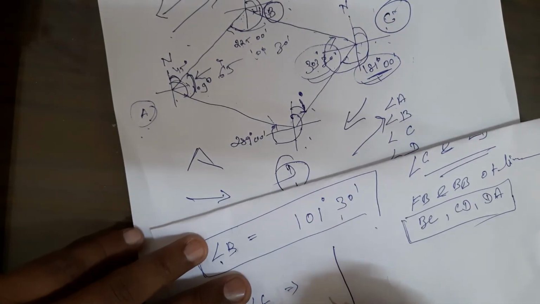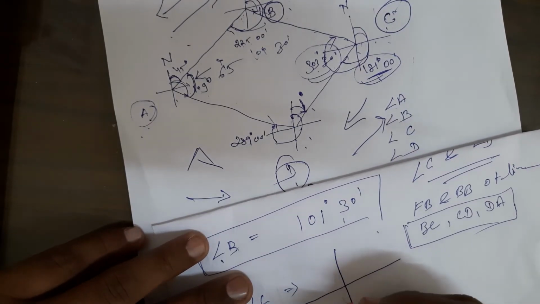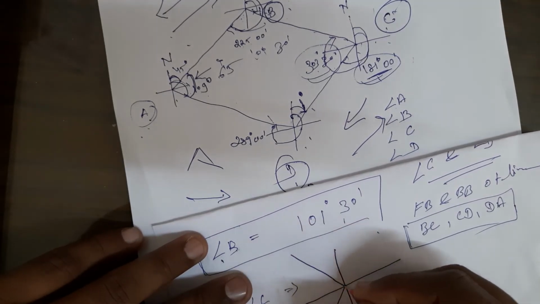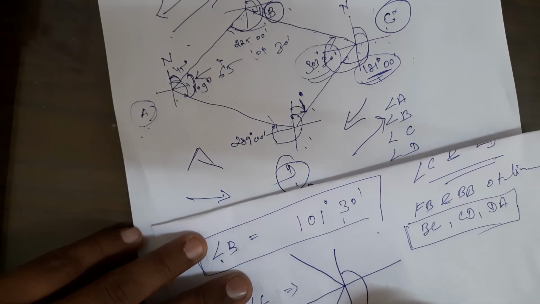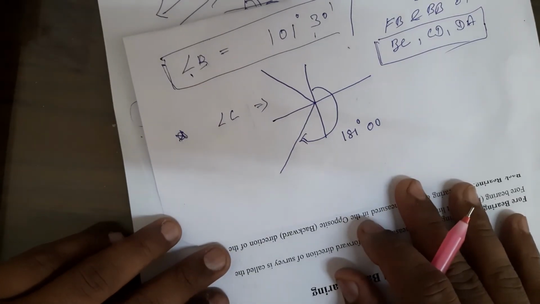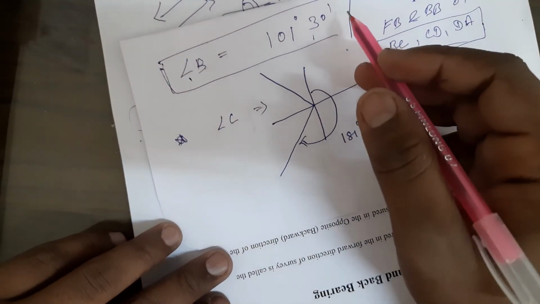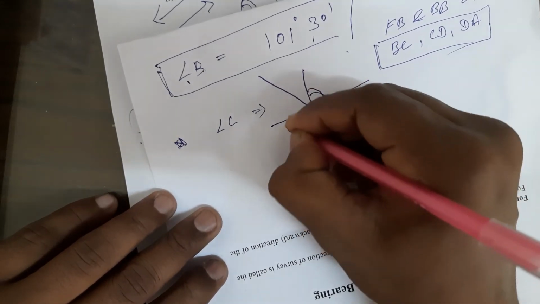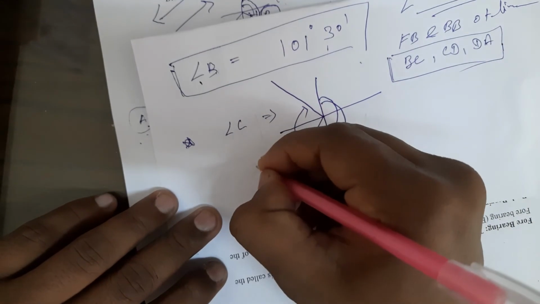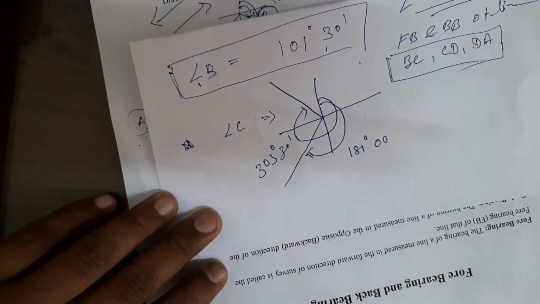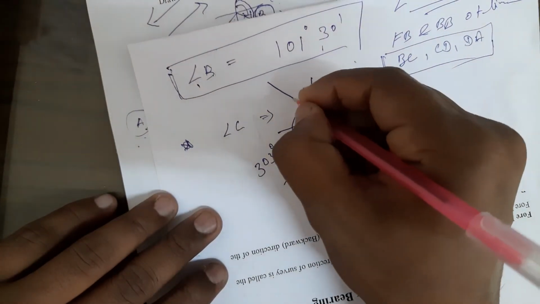Just see how to calculate. The forward bearing is equal to 181 degree 0 minute, and the back bearing is equal to 303 degree 30 minute, and you need to calculate this angle.